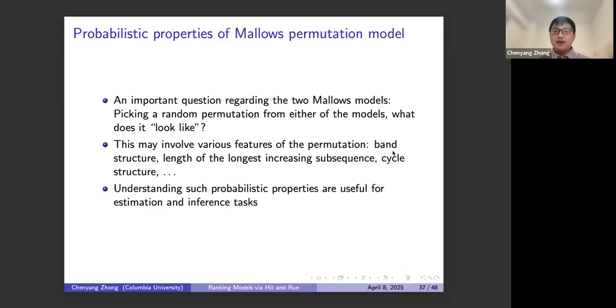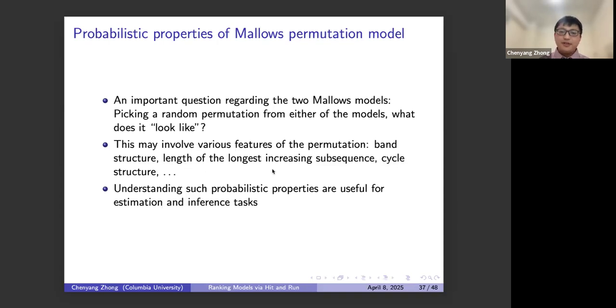So one feature is called band structure, which we are going to show some pictures and results for our models, which basically speaks of the fact that for certain parameter scaling of beta, the points in the graph of the permutations would be clustered within a band around the diagonal of the plane. I'm going to show some pictures later.